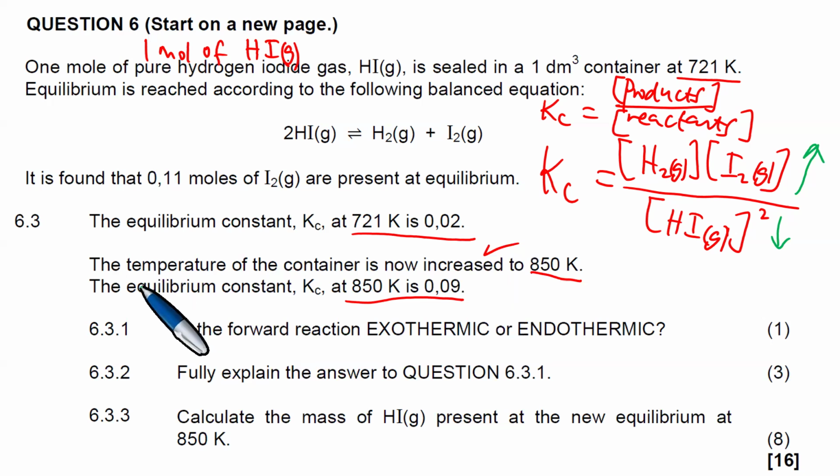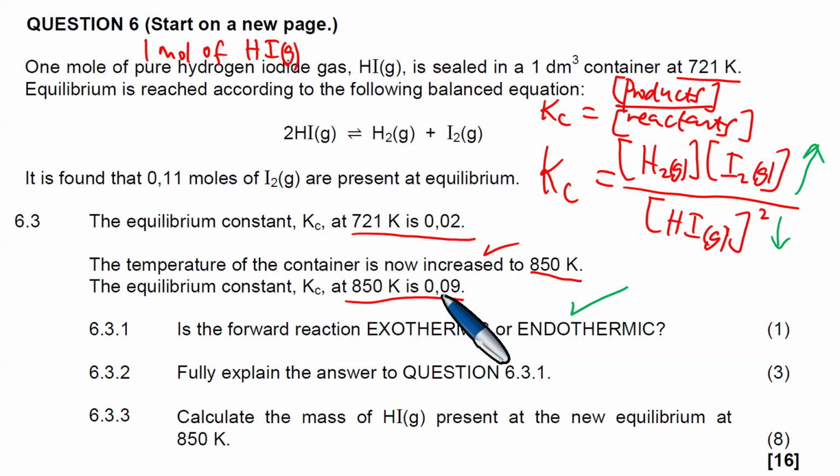In other words, it means the forward reaction itself. We have to explain, but because they're saying fully explain your answers, we shall do that in the next question. But obviously, is the forward reaction exothermic or endothermic? Well, you're able to see that the forward reaction is endothermic.